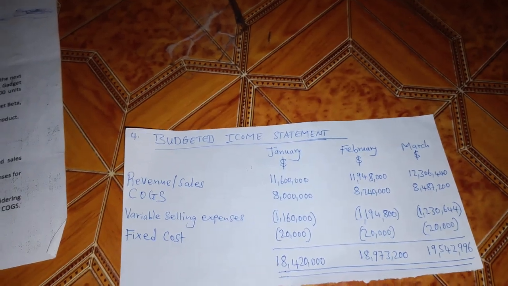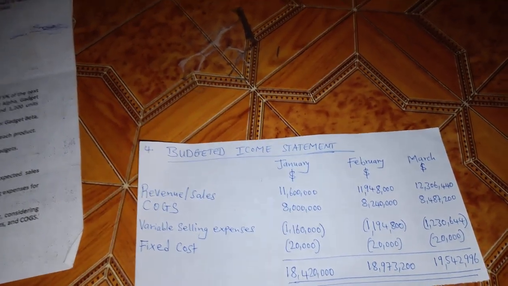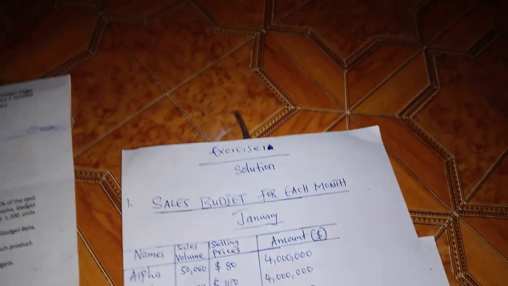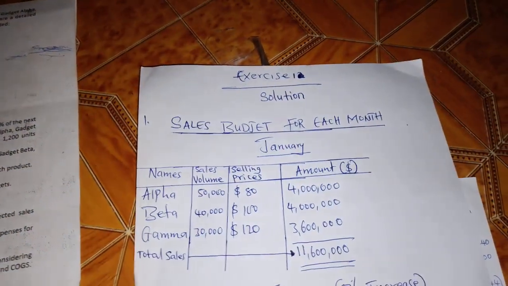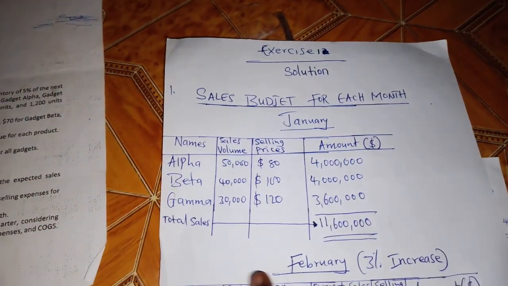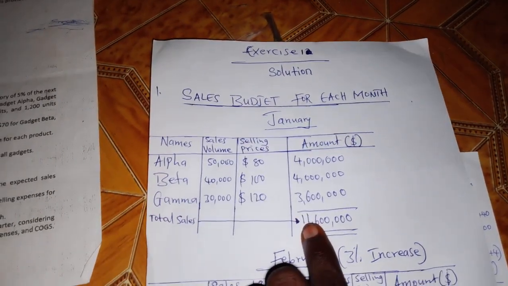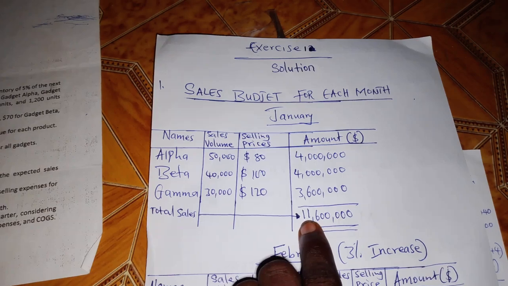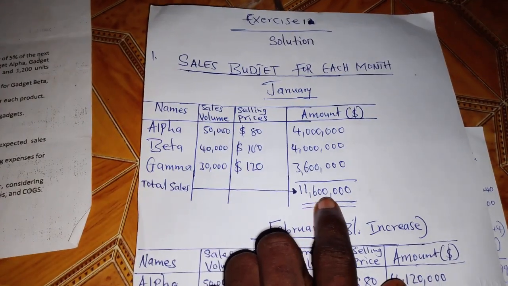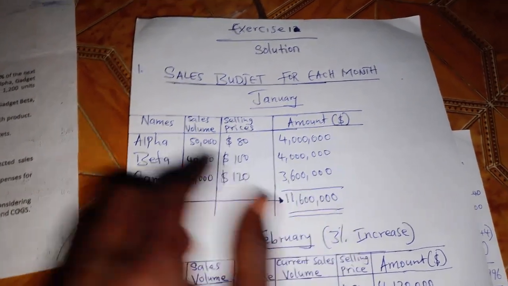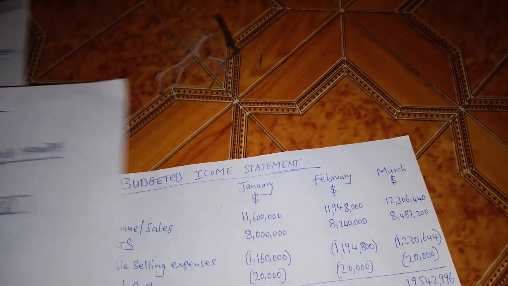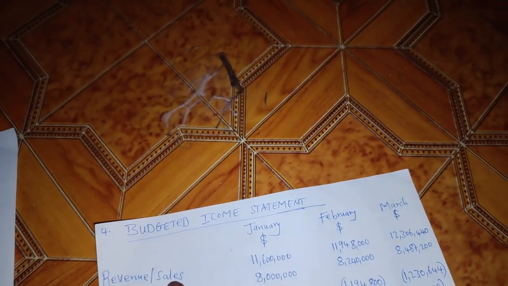Now, let me go with you back again. When we look at the sales budget for January, the total sales, are you seeing the total sales amount? $11,600,000 is what we are taking for January. Are we saying sales or revenue?